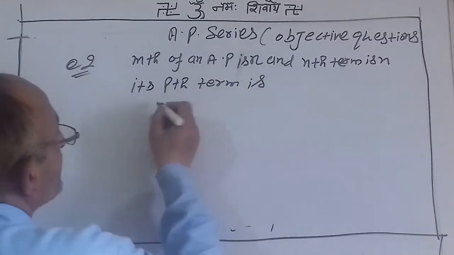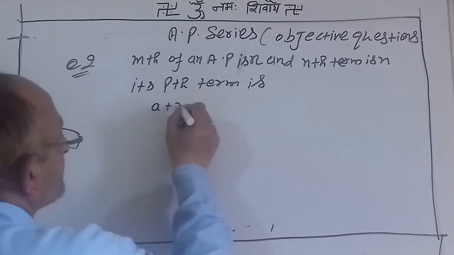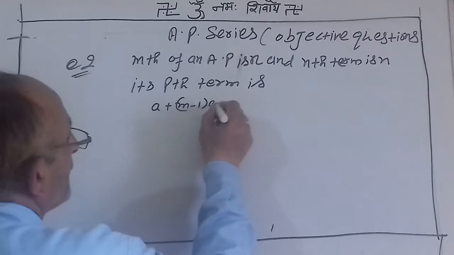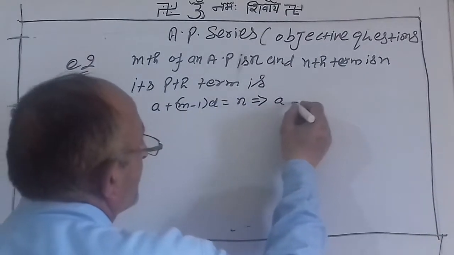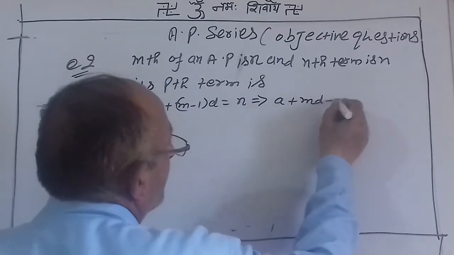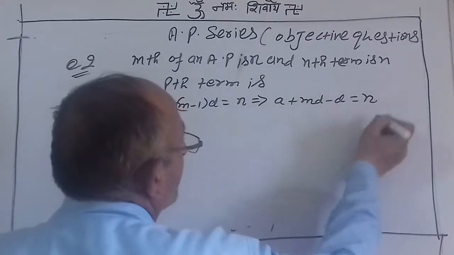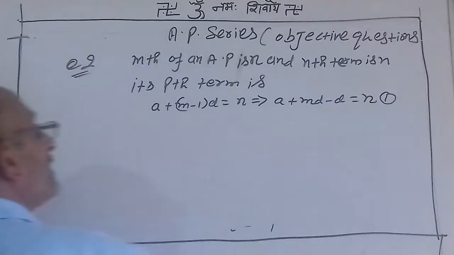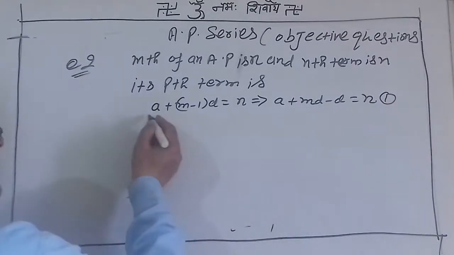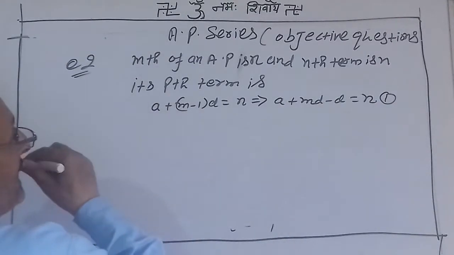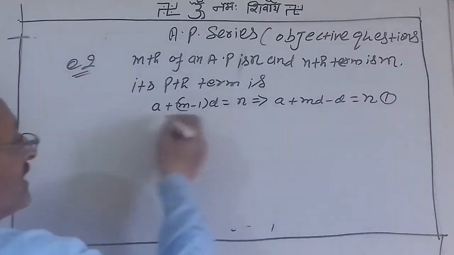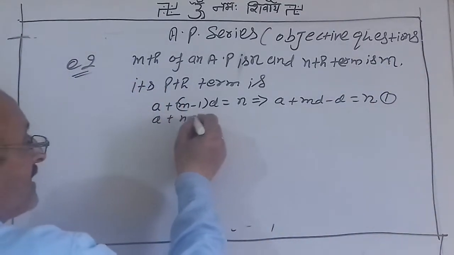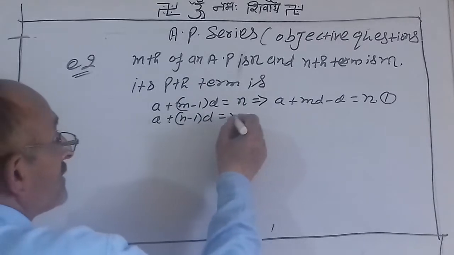The mth term of an AP is n, means a plus m minus 1 into d is equal to n. This implies a plus md minus d is equal to n. That is your first equation. The nth term is m, so a plus n minus 1 into d is equal to m.